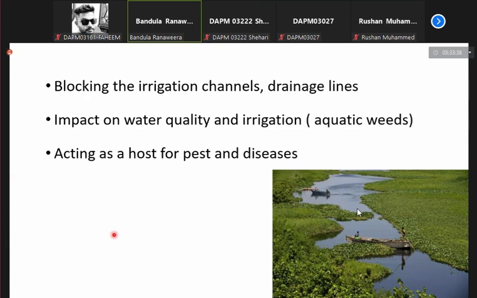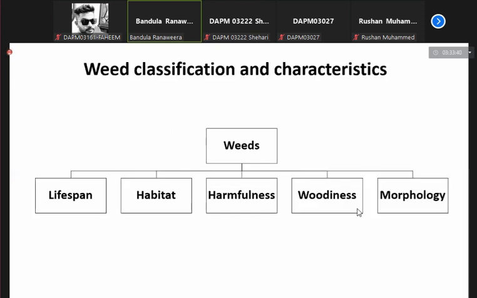First of all, we need to understand what kind of categories of plants are under the group of weeds.